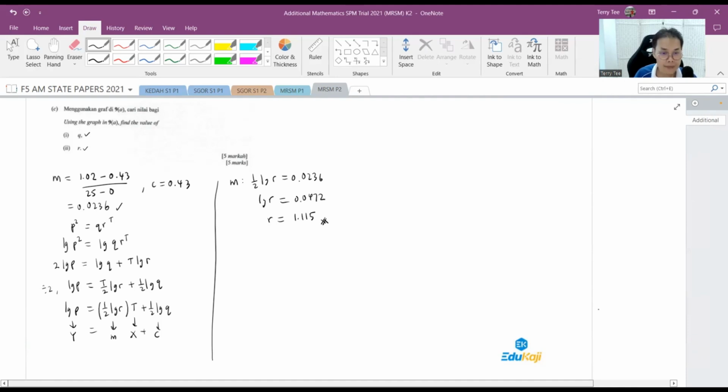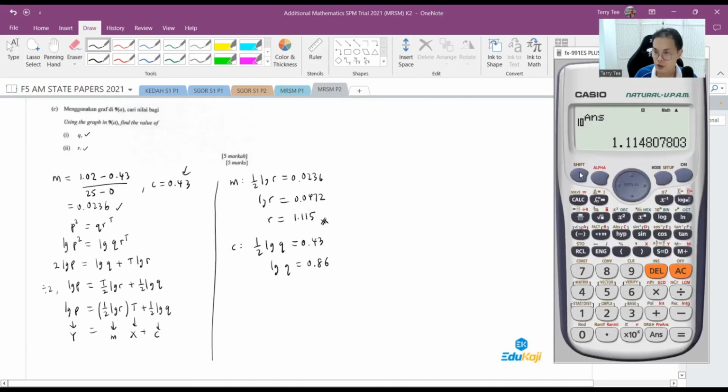Now, how about your y-intercept? My y-intercept is half lg q, and from the graph it is 0.43. So I just have to multiply by 2, which is 0.86. From here, again, I use my calculator, shift log, anti-log of 0.86, and my q is 7.244.